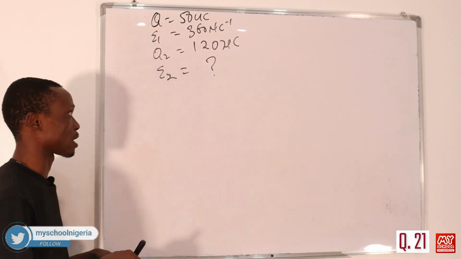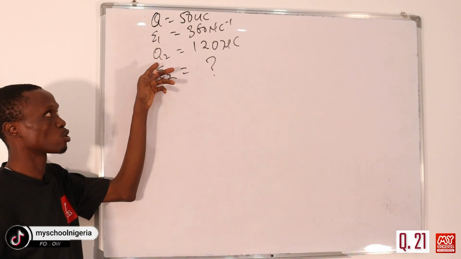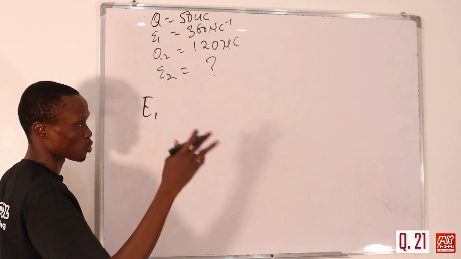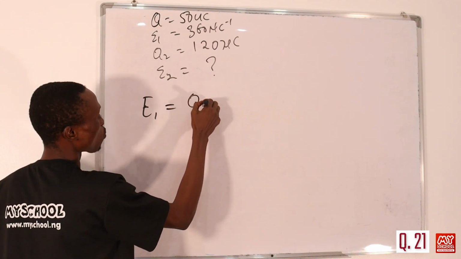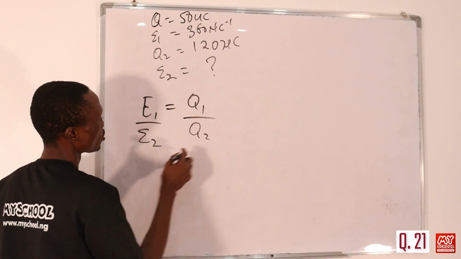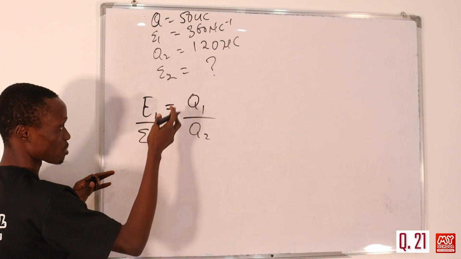Due to that fact, we can calculate the electric field strength due to Q2. We are going to be using the fact that electric field strength is proportional to charge. So E1 over Q1 is equal to E2 over Q2. Since we are looking for E2, we can make it the subject of formula by simply cross multiplying.